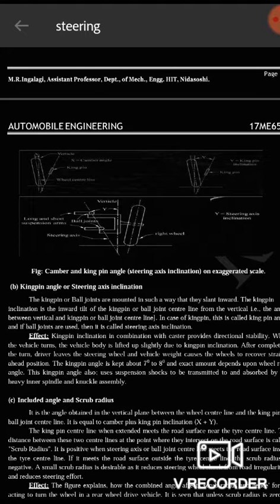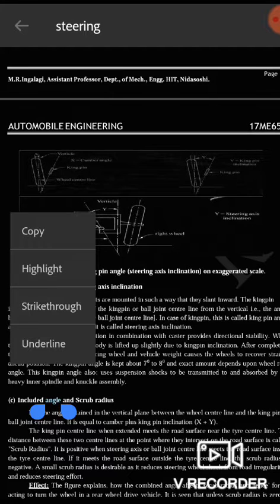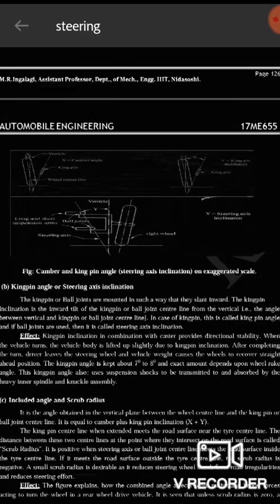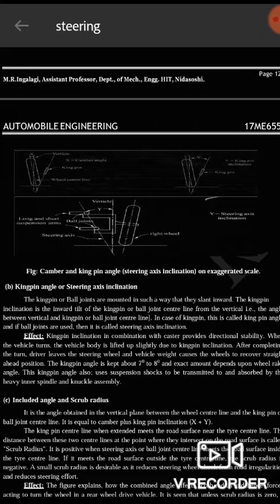The kingpin inclination is the inward tilt of the kingpin or ball joint center line from the vertical, that is, the angle between the vertical and the kingpin or ball joint. In the case of a kingpin, this is called kingpin angle, and if ball joints are used, then it is called steering axis inclination.